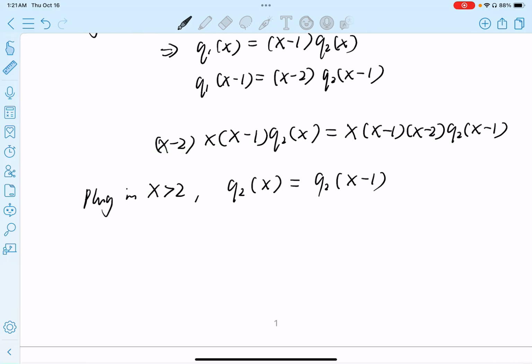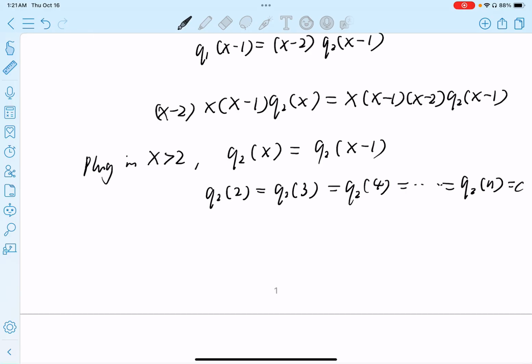So we get q2 of 2 is equal to q2 of 3 equals q2 of 4, and so on, all the way to q2 of n, where c is the constant. How many points are there? Because we start from 2 and go to n, there are n minus 1 points in total.